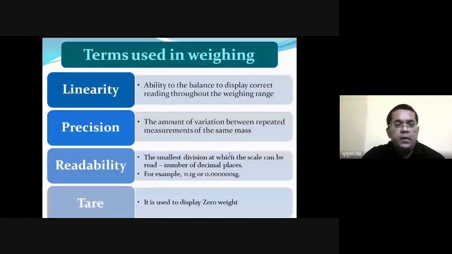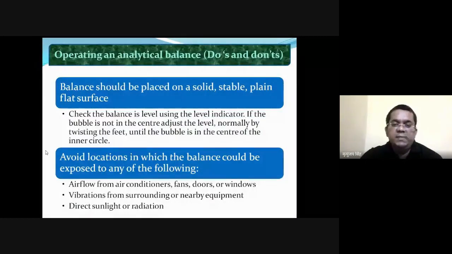Avoid a location in which the balance could be exposed to any of the following: airflow from air conditioners, fans, doors or windows, or vibration from the surroundings or nearby equipment. Like if you keep it near a centrifuge, it can show some variations in the quantity you are going to take.